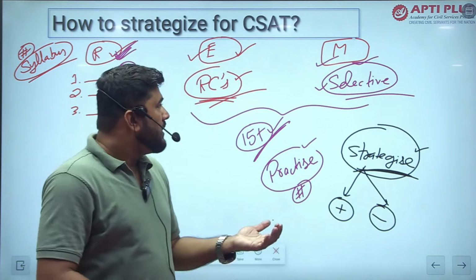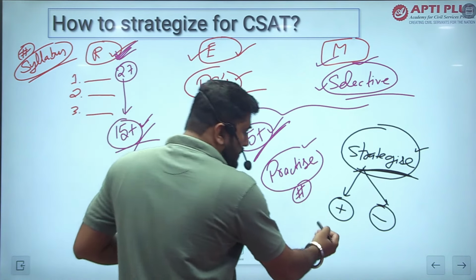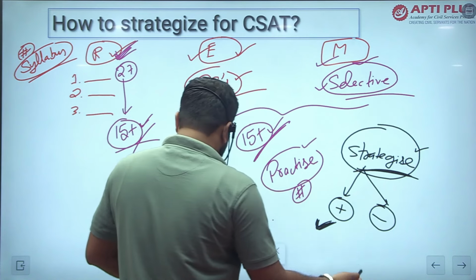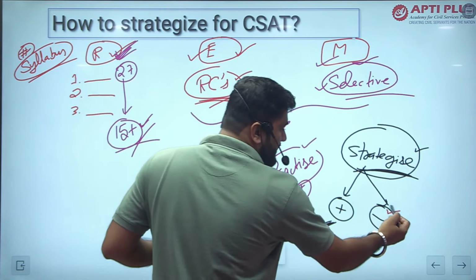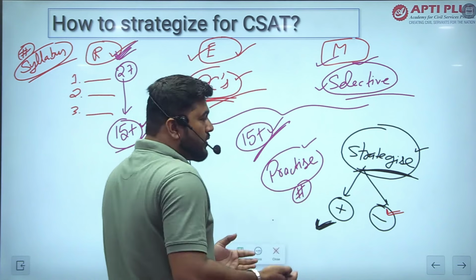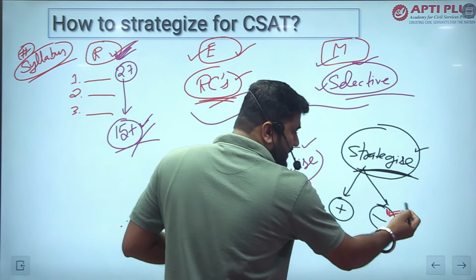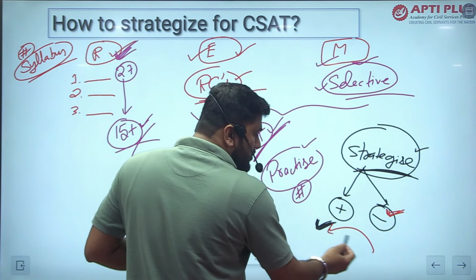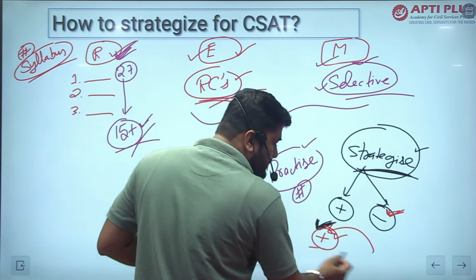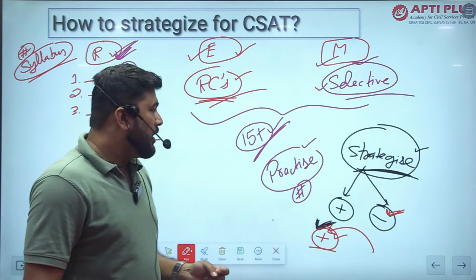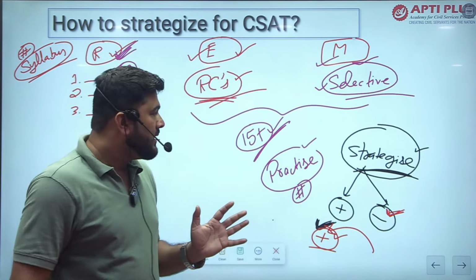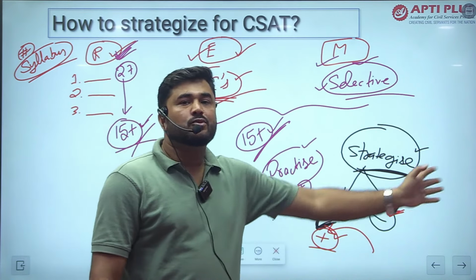Continue preparing your strengths, and also work on the weaknesses, the chapters in which you are continuously getting negative marking, and try to convert those negatives into positives. If you are capable of doing so with proper mock tests, well and good, and if not, then simply skip those chapters.